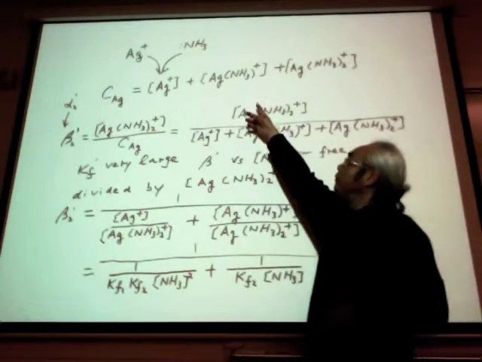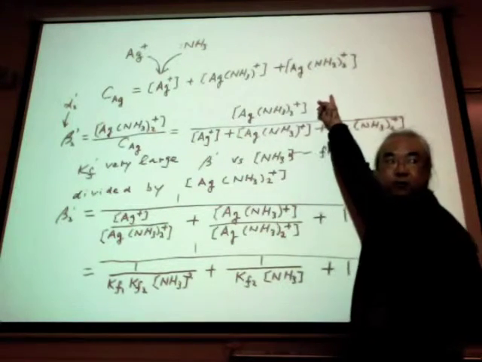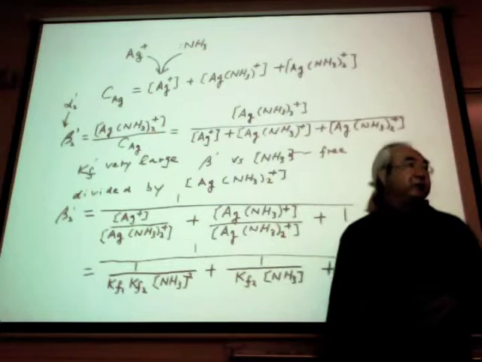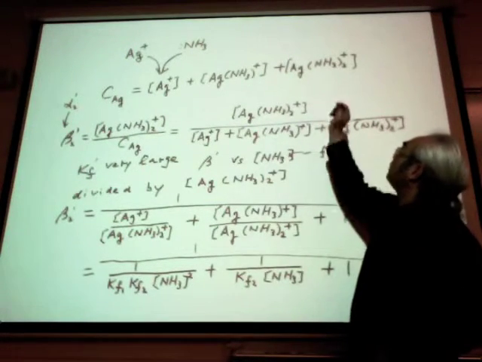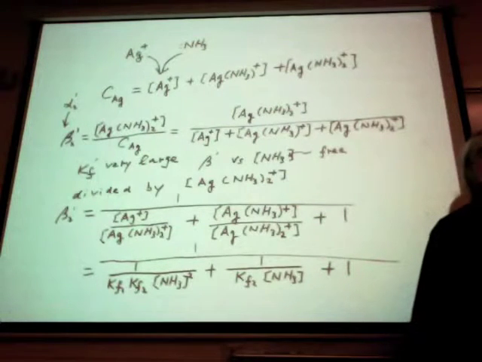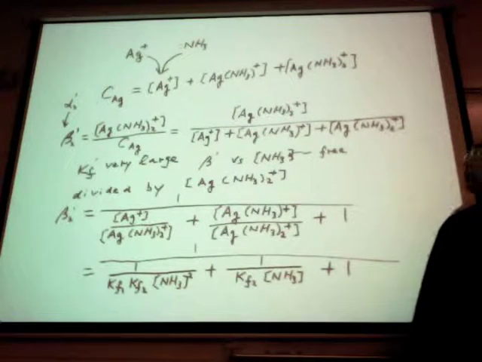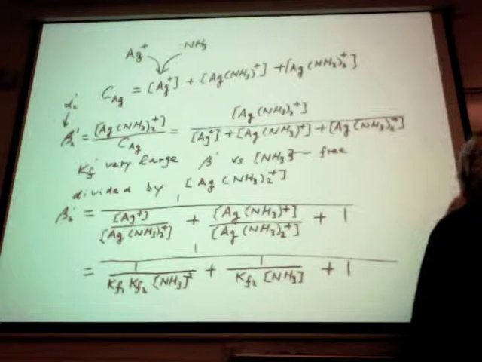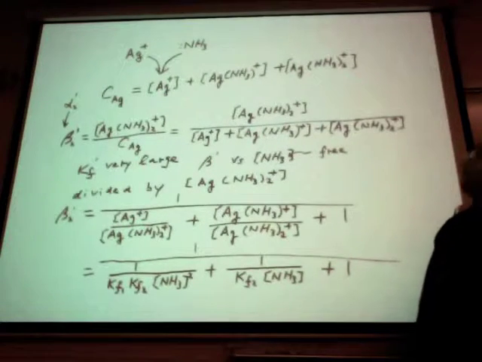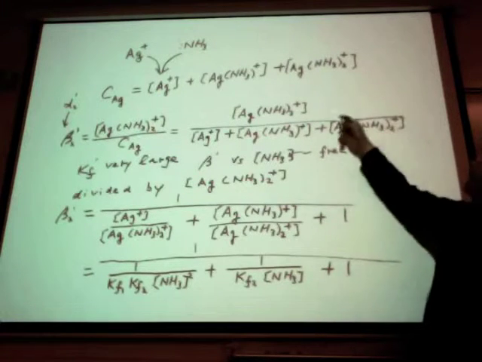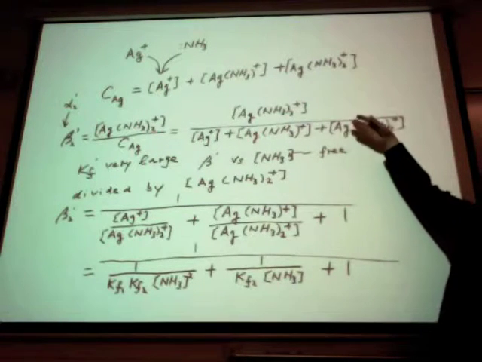So this one is Kf1, this one is Kf2. Then you don't have Kf3, and so on and so forth. So you know it stops at that form. So important, be sure you know how to read the table. Otherwise, you may continue to write ammonia 3, 4, and so on.